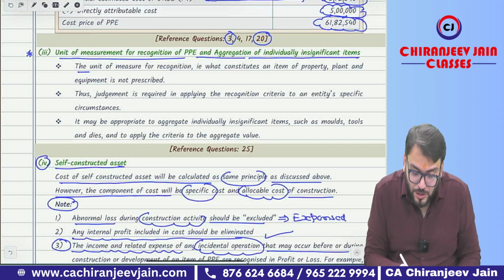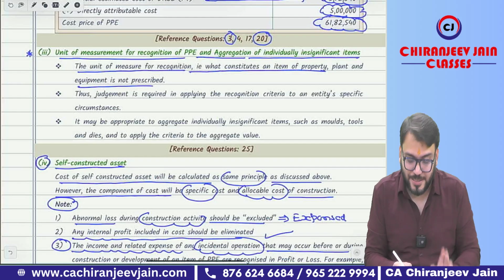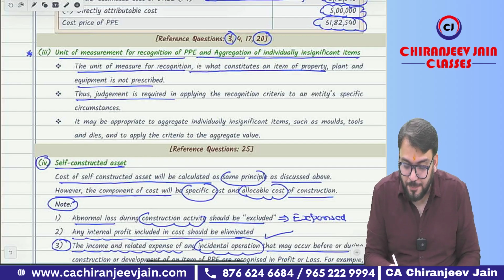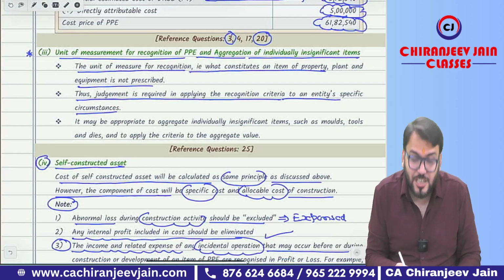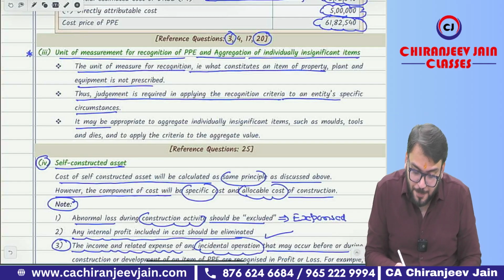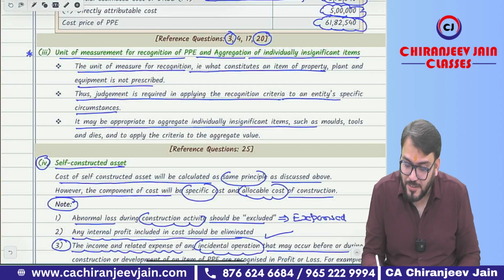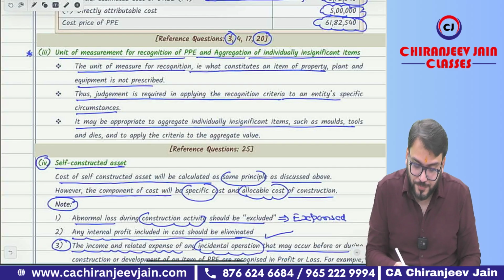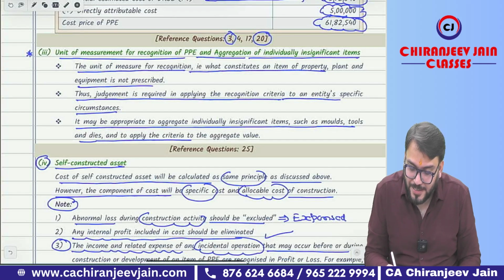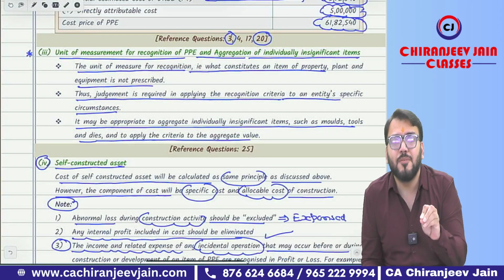The unit of measurement for recognition, that is, what constitutes an item of PPE, is not prescribed under AS10. Thus, judgment is required in applying the recognition criteria to an entity's specific circumstances. It means we will apply judgment as per the circumstances. It may be appropriate to aggregate individually insignificant items such as moulds, tools and dies, and to apply the criteria to an aggregate value. For example, in this studio, there are many small items.